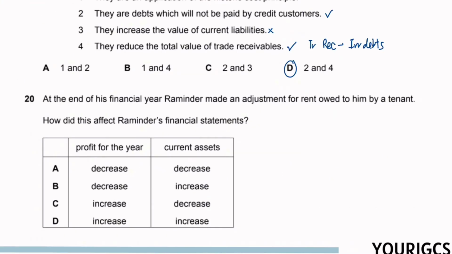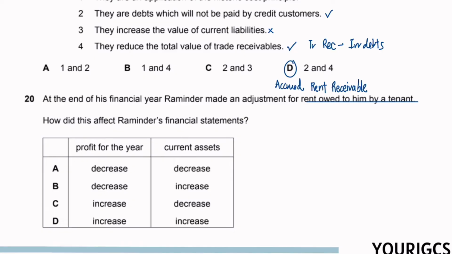Question 20. At the end of his financial year, Raminder made an adjustment for rent owed to him by a tenant. How did this affect Raminder's financial statements? From here, we can know that this is a rent receivable to Raminder. When we say it is owed to him by the tenant, this is an accrued rent receivable. Is accrued rent receivable a current asset or current liability?